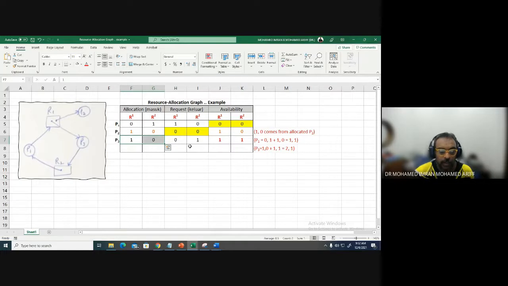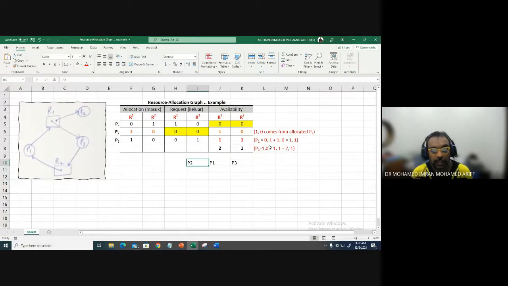Okay, 2, 1. So when it is complete, it will release balik 2 and 1. So the sequence is P2, selepas itu P1, dan selepas itu P3. So this is the sequence.